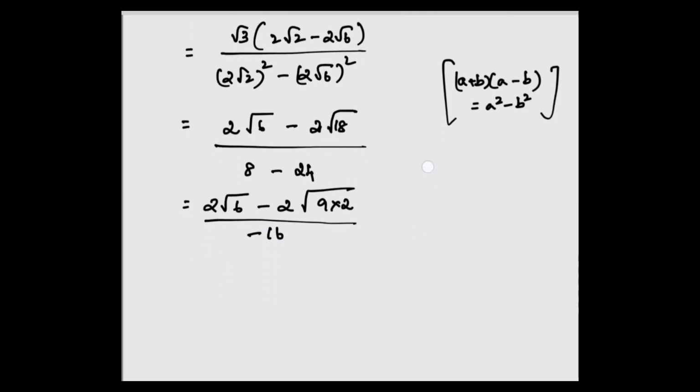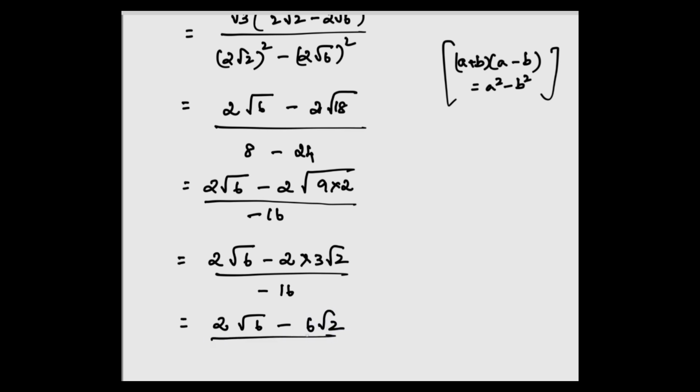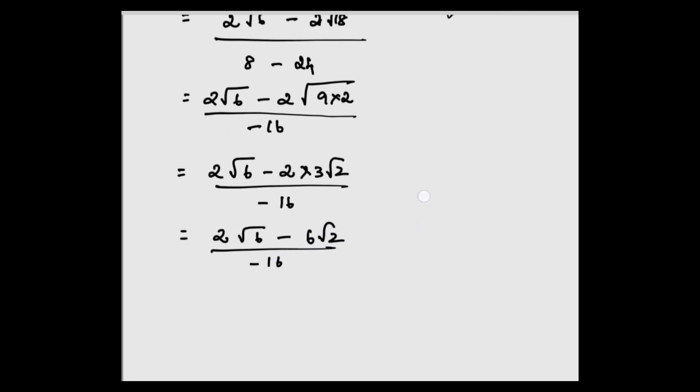16, which is equal to 2 root 6 minus 2 into taking 3 out of the square root. Square root of 9 is 3 into 3 root 2 divided by minus 16, which is equal to 2 root 6 minus 6 root 2 divided by minus 16.